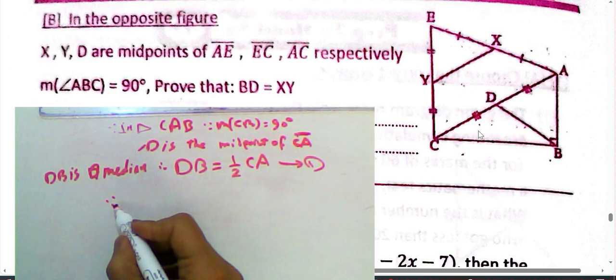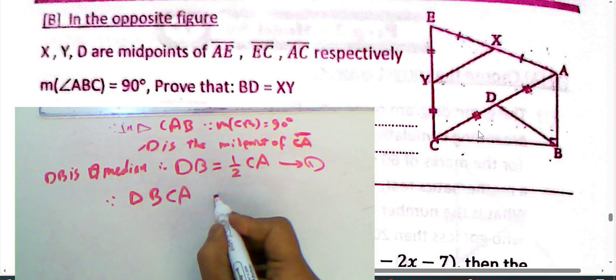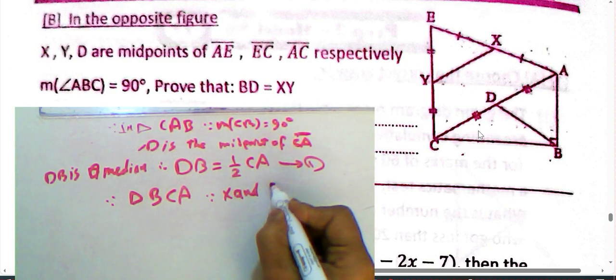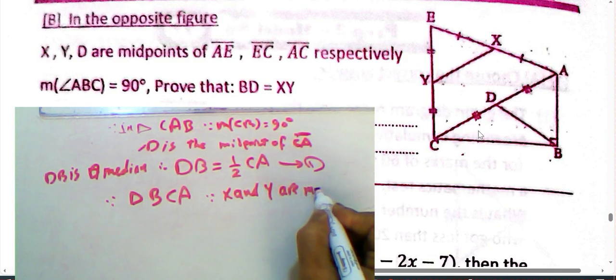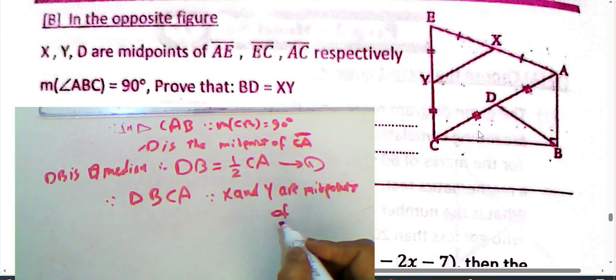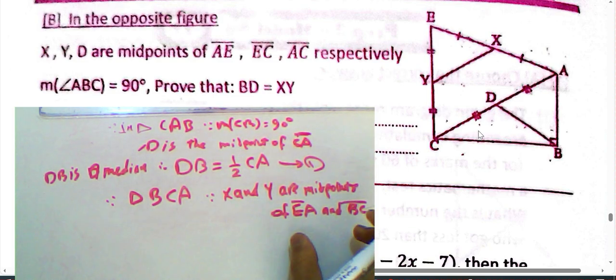And in the second triangle, up here, in triangle BCA, such that X and Y are midpoints of EA and BC.